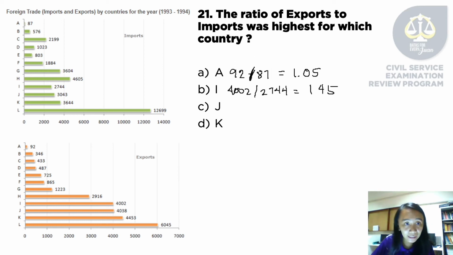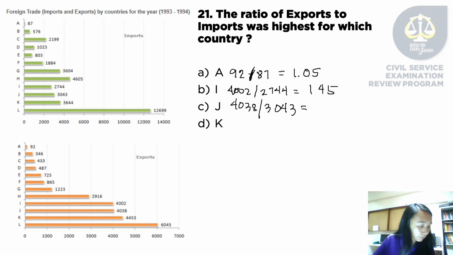For country J, its export is 4,038 and its import is 3,043. Let's compute 4,038 divided by 3,043, which is 1.32.